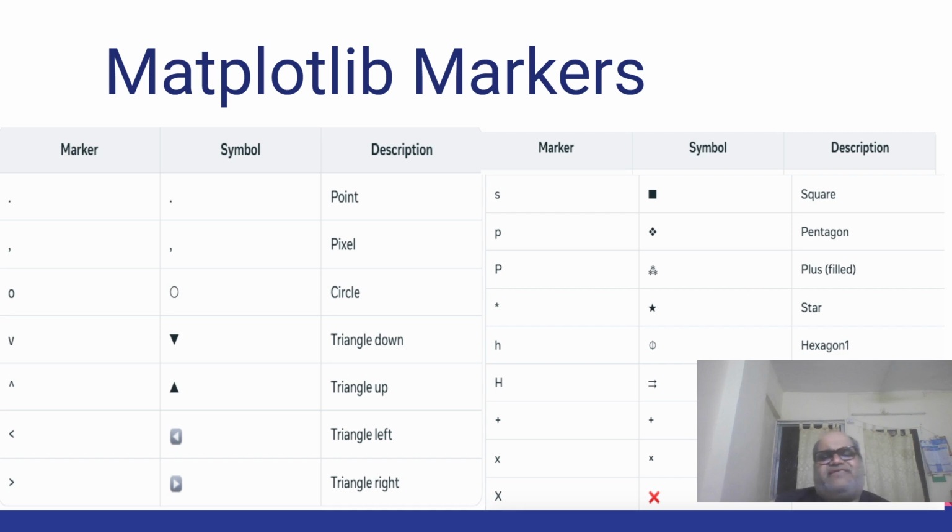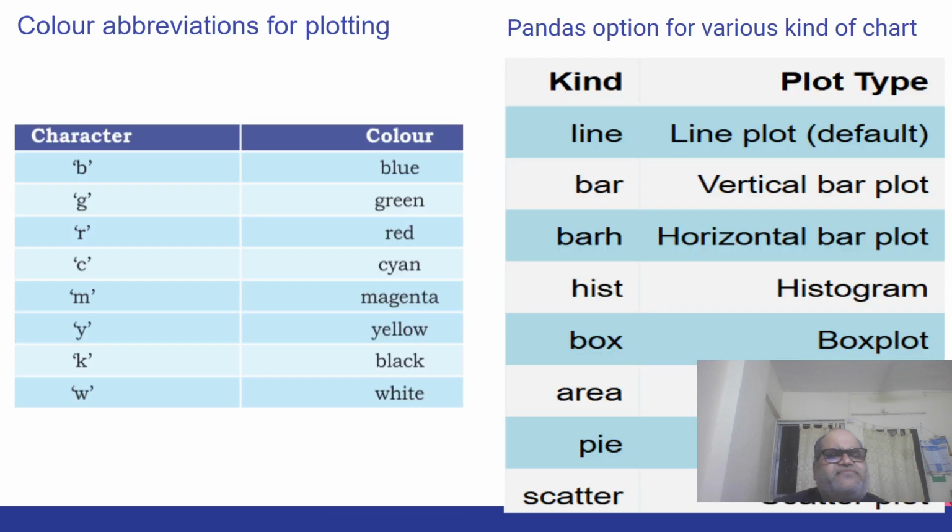We'll see some of these markers, and it will take time for you to make regular use of them and get comfortable. But you can keep in mind at least some, like star and others, which are the same symbol but enlarged in your Matplotlib.